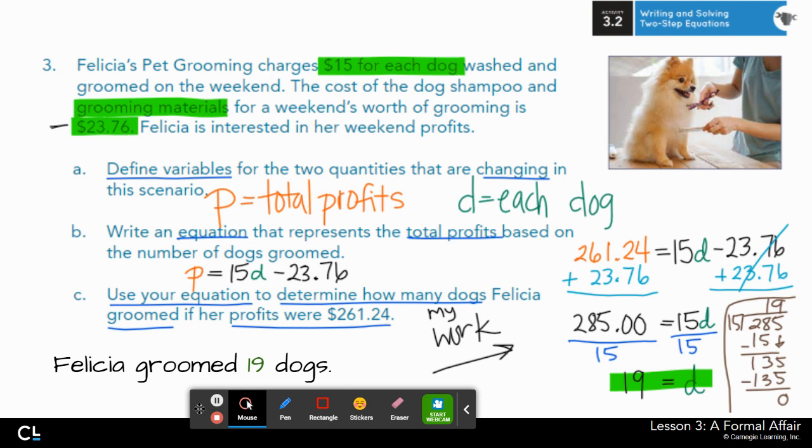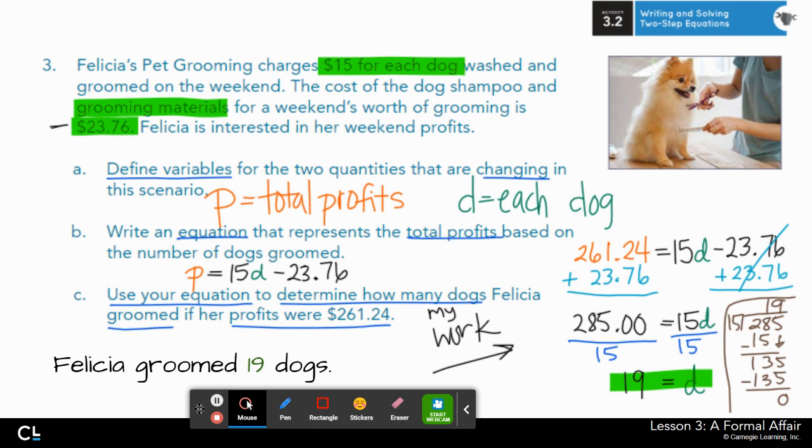$23.76. Think for a second, why do you think I subtracted $23.76? The reason is because that was the cost of the materials. So she was in the negatives, being that she had to pay for materials first in order to then start her business.